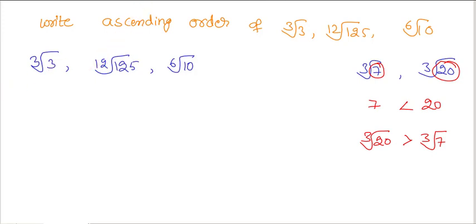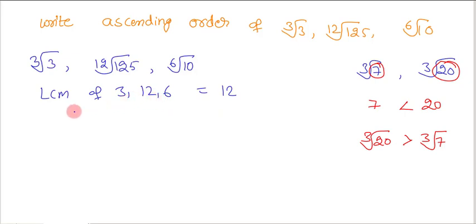To do that, you take the LCM of the orders. The LCM of 3, 12, 6 is 12. That means you need to make each surd of order 12.